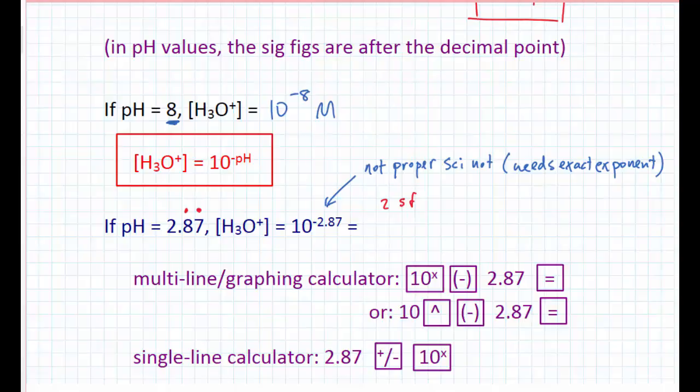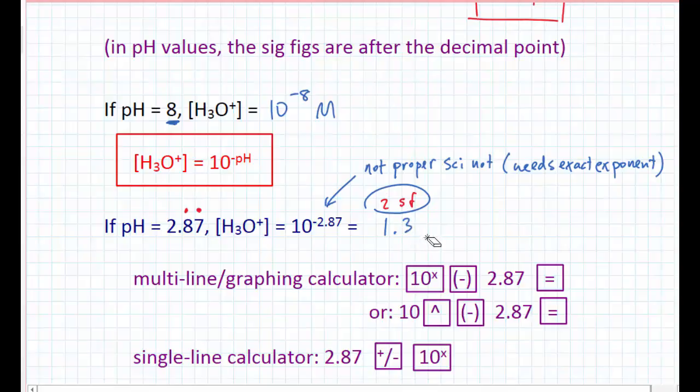So what would be the answer rounded correctly for this one in scientific notation? 1 point something? 1.35. Well, we only want 2 sig figs, though. Yeah.